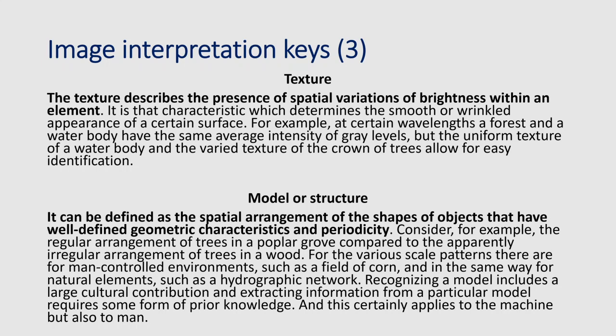And when you have this repetition of vegetation lines on the hills that usually follow the contour lines of a map, you are quite sure that you are facing vineyards, because this is derived from the model, the way in which this spatial texture is arranged over a larger space.